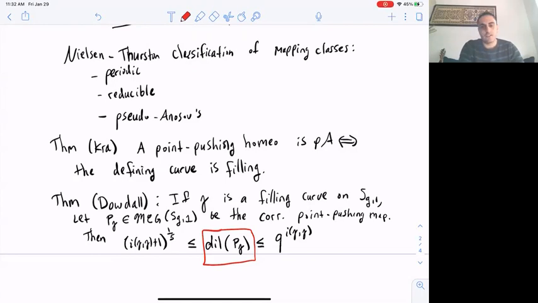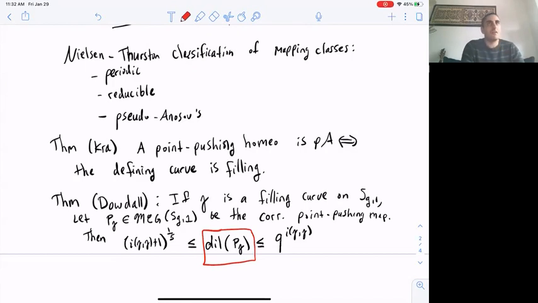What becomes hard to keep track of is whether or not these iterates that you're drawing are actually in minimal position with the curve that you started with. Like, you might be forming bigons all over the place, and then it becomes very hard to measure intersection numbers in the right way, and then the estimates kind of drop down in size, and that's why this lower bound is quite small.